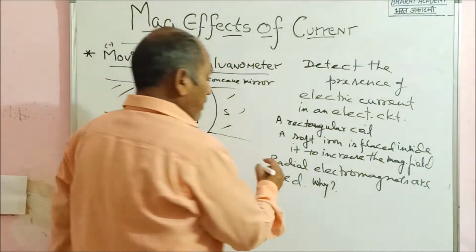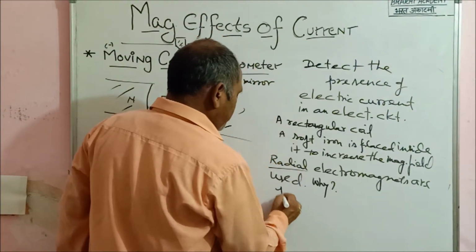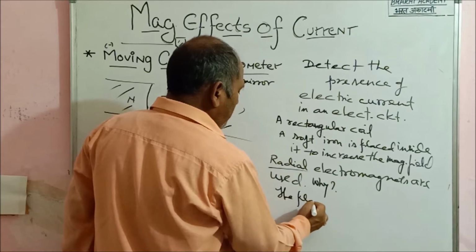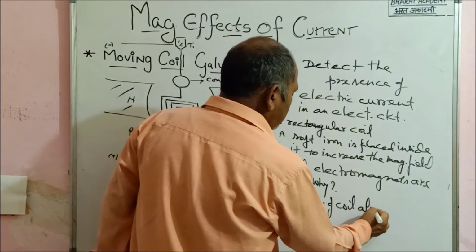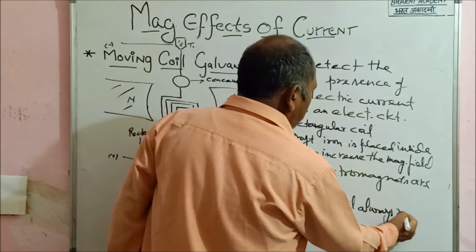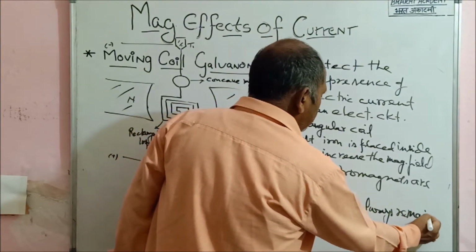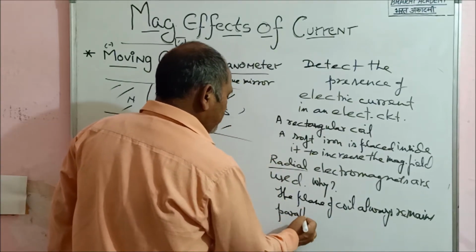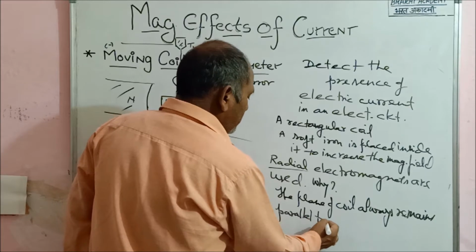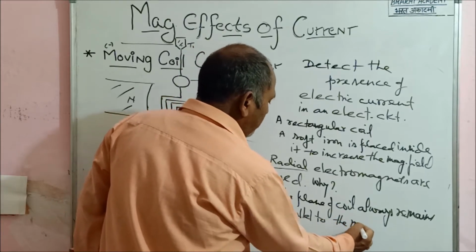Remember this one: in a radial magnetic field, the plane of the coil always remains parallel to the magnetic field.